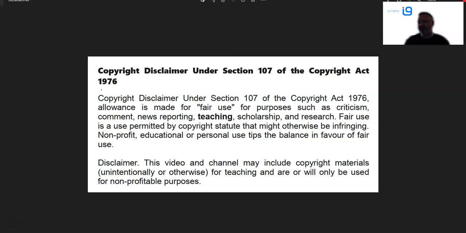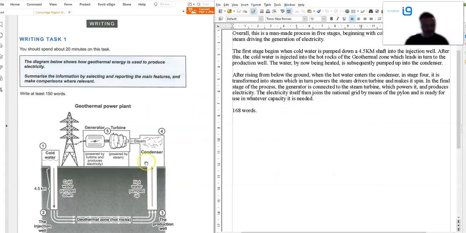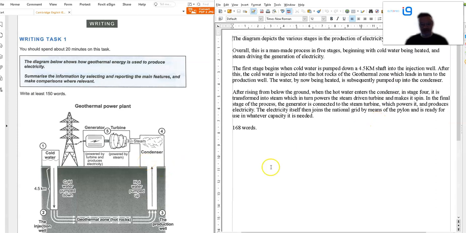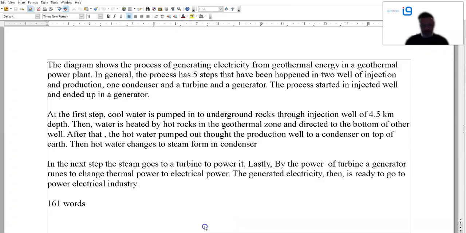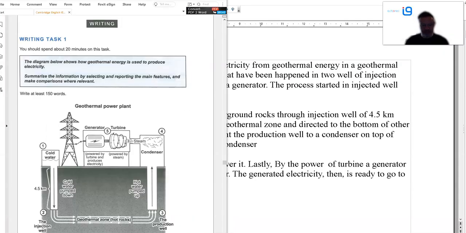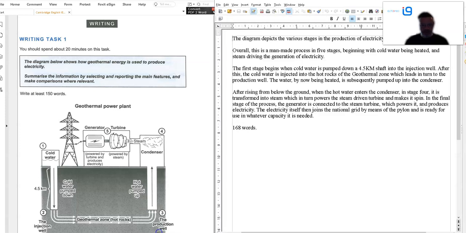Now this is the task, this is my sample, and some student writings to assess. So how it works, in case you don't know, is I post a task in IELTS 9 PRO or Telegram.